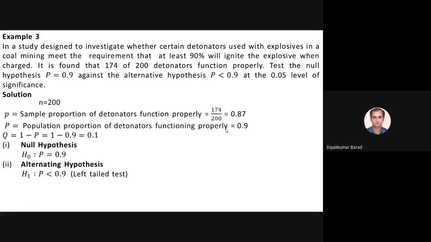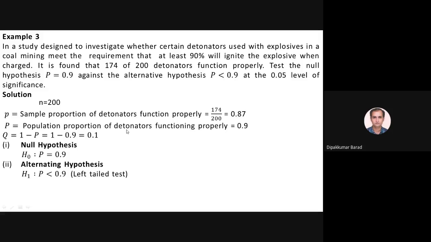So here P we have is 0.9. If P is less than 0.9, it means less than 90% of the detonators ignite the explosive, then we can say that this claim is rejected. It means the null hypothesis is not satisfied.